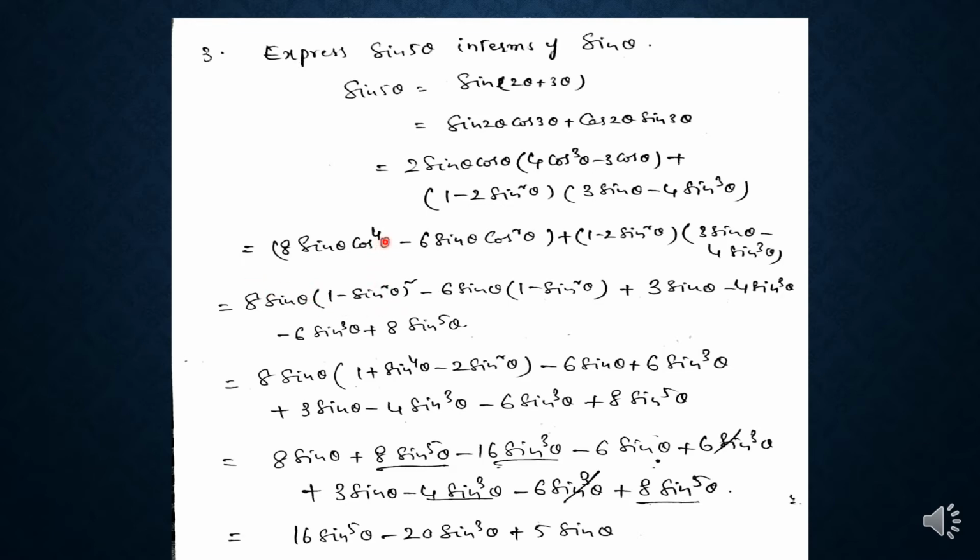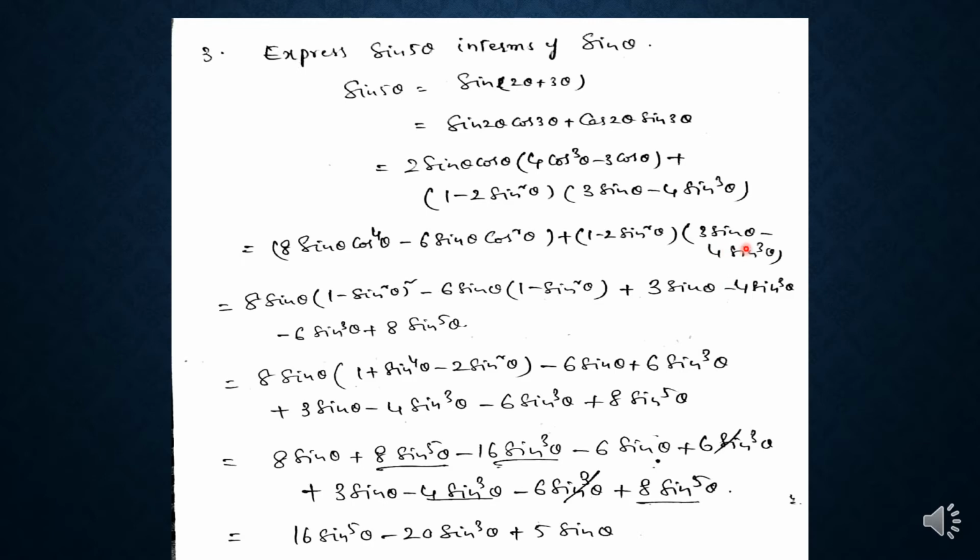Cos square theta whole square means 1 minus sin square theta whole square, minus 6 sin theta into cos square theta, which is 1 minus sin square theta, plus 1 minus 2 sin square theta into 3 sin theta minus 4 sin cube theta.